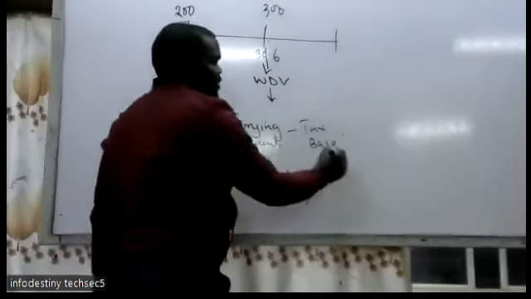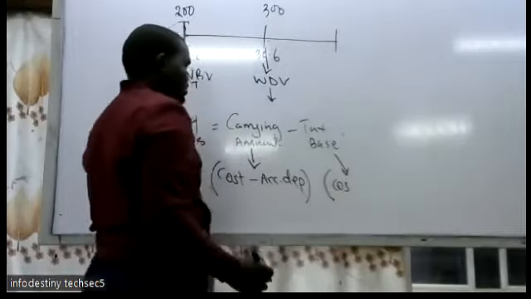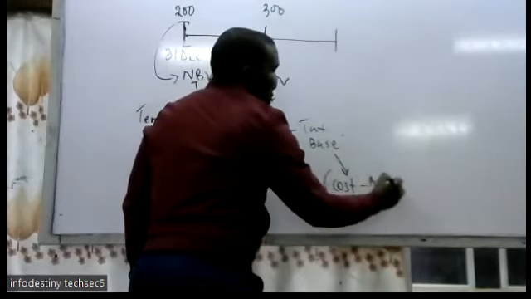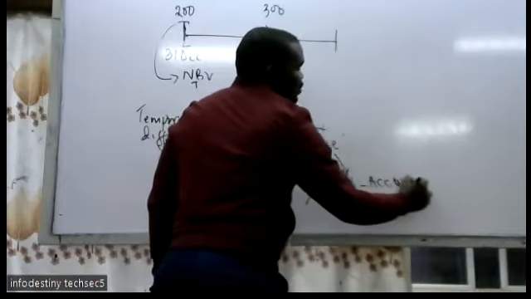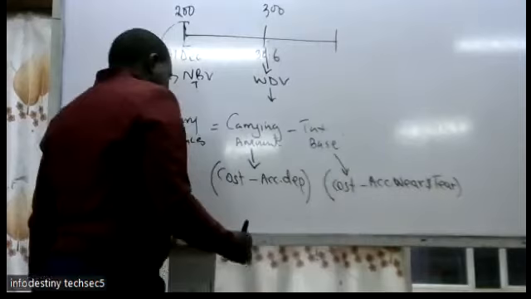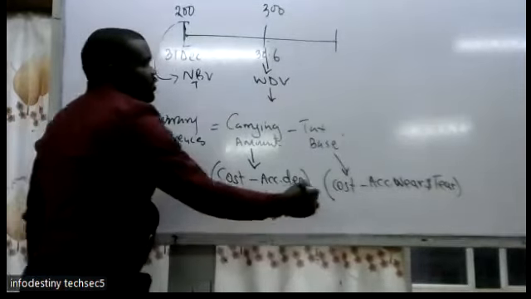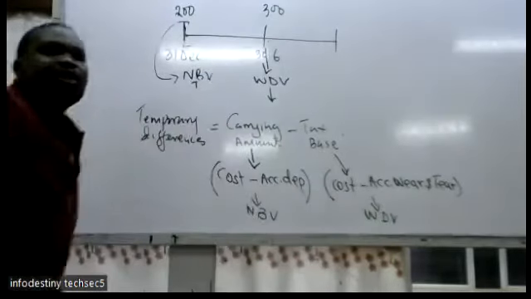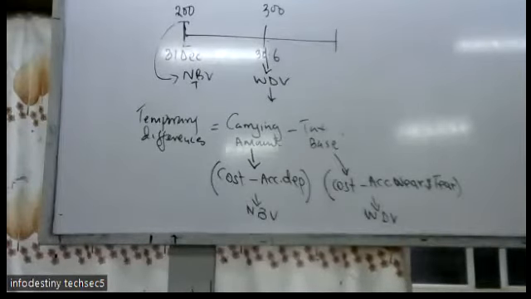Then tax base, you will consider the cost of the asset minus accumulated capital allowance. In which case, this is the NBV. This one is the WDV, the written down value.